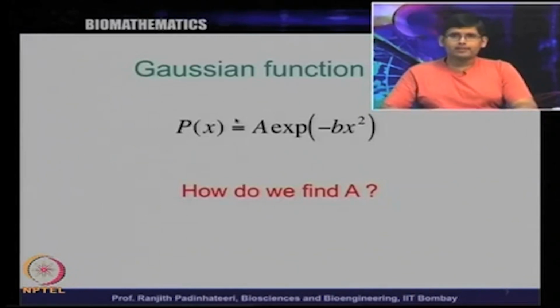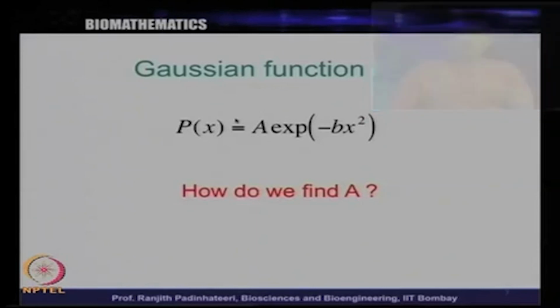So, let us think a bit. This is probability distribution p of x. This means that the probability of having a value of x is this. So, what is the total probability? Total probability is always 1.